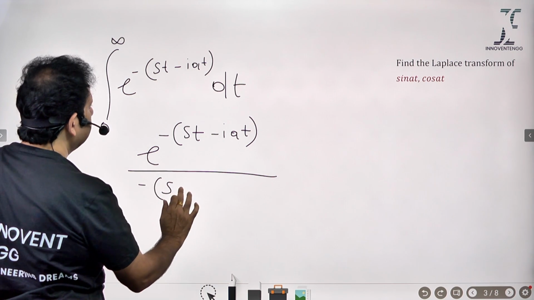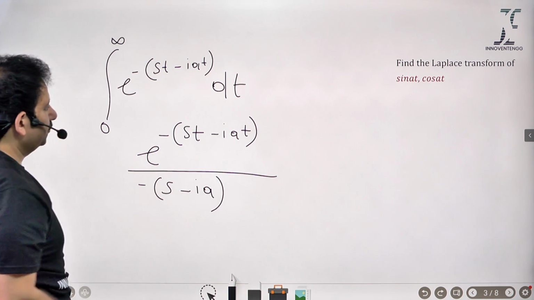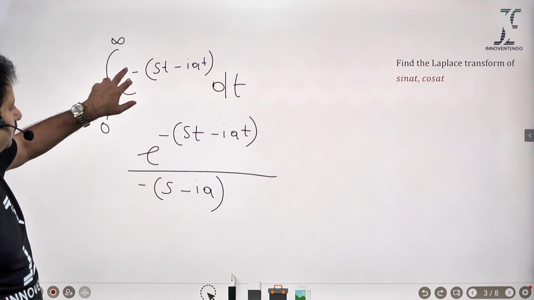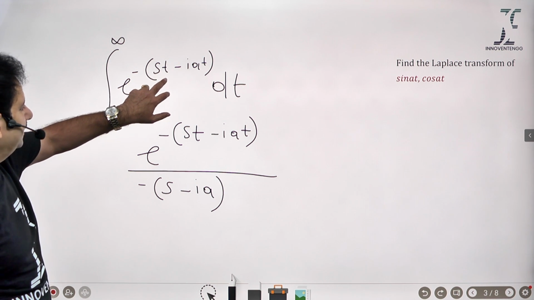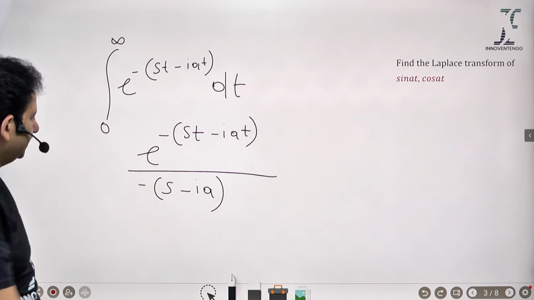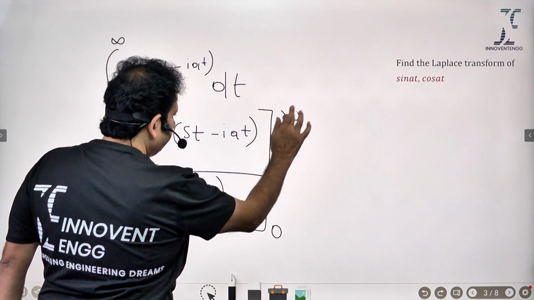Minus (s minus ia), right? This is the coefficient of t, because if you take t outside, it is minus (s minus ai). So that's exactly what I have written. And what are the limits? The limits are 0 to infinity.